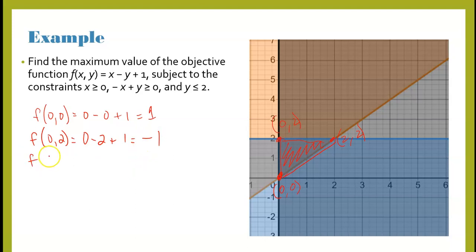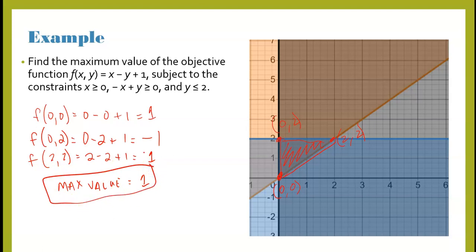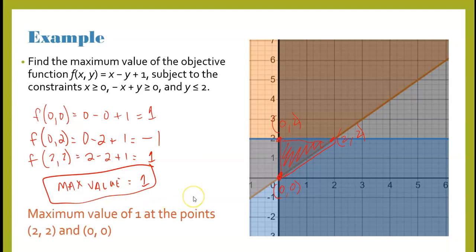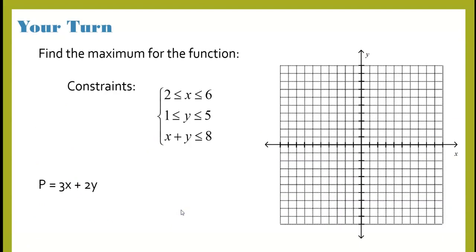And f of 2, 2 is equal to 2 minus 2 plus 1, which is 1. And therefore, the max value is 1. All right. And that happens at both points, 2, 2 and 0, 0.